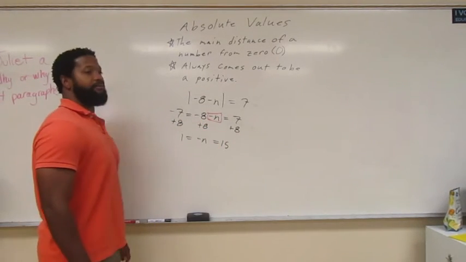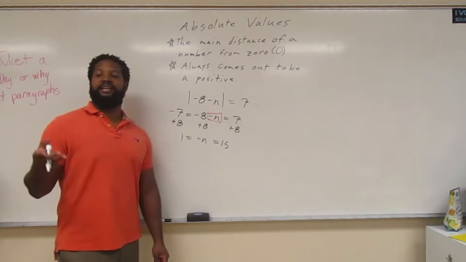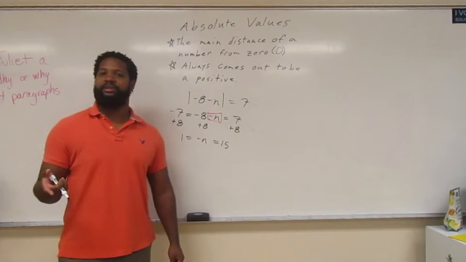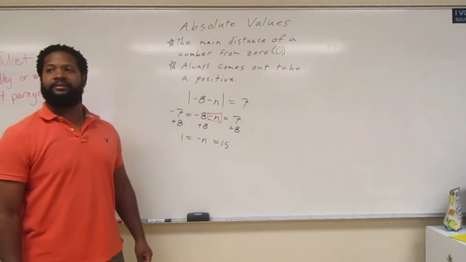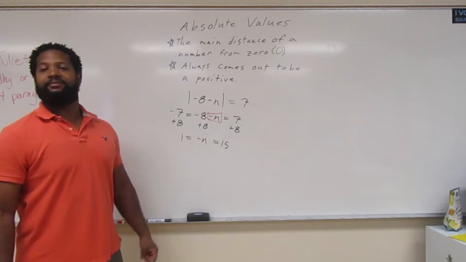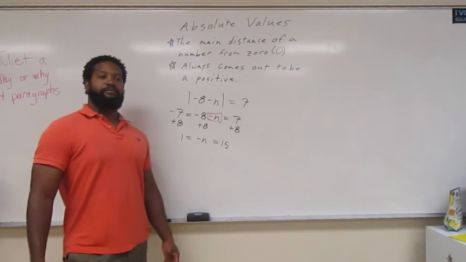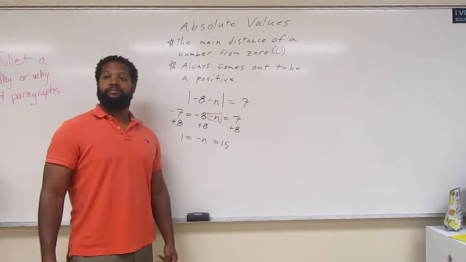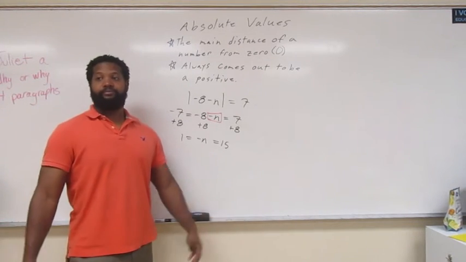Now, whenever you have a negative next to a variable, I think I remember stating this when we were dealing with equations. There's basically an imaginary 1 in front of the n, and it's basically a negative 1. So what you have to do is divide both sides, because it's a multiplication problem.